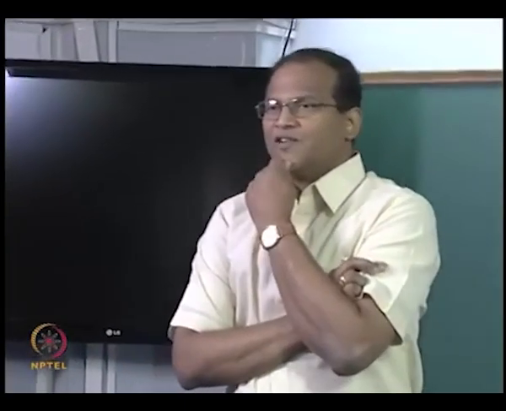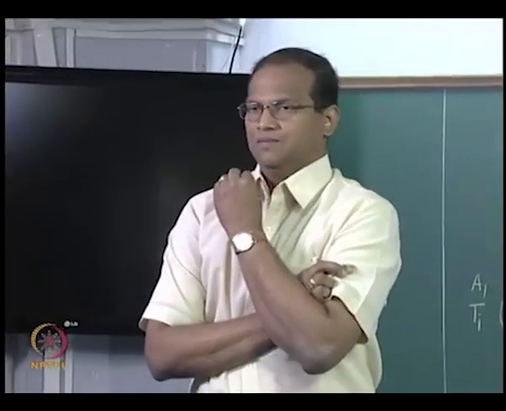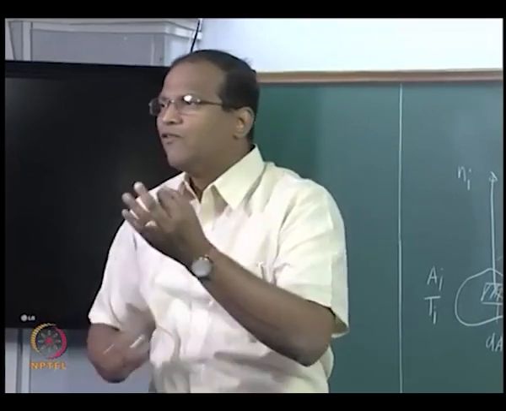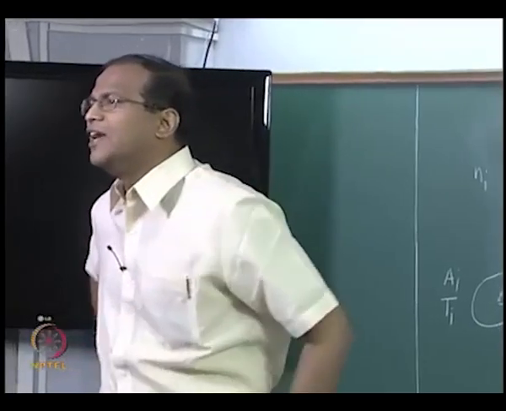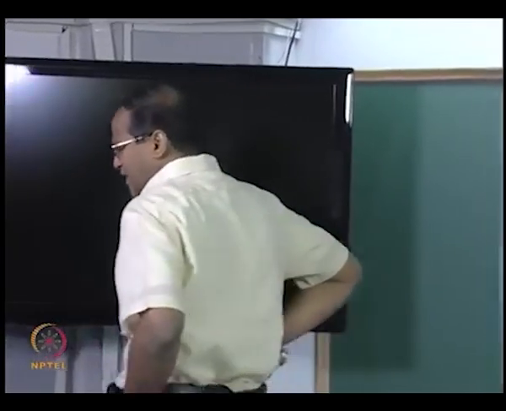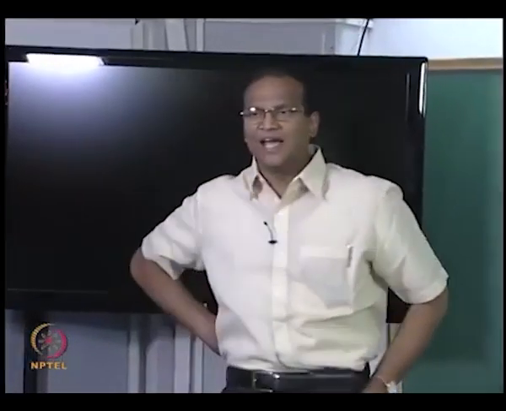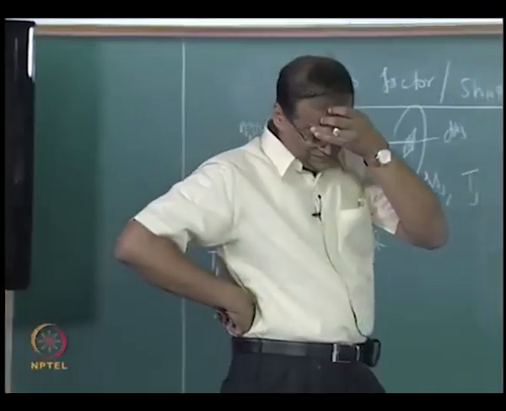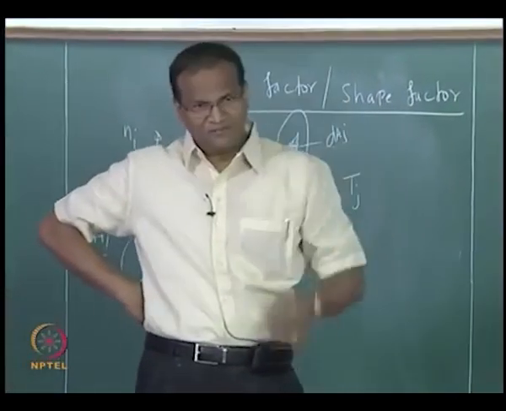So, we can take down this definition: the view factor Fij between two finite areas Ai and Aj, denoted by Fij.